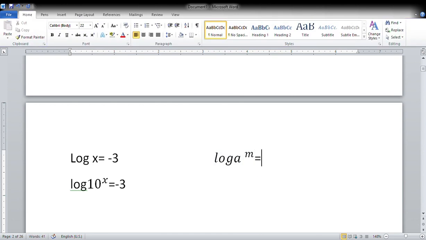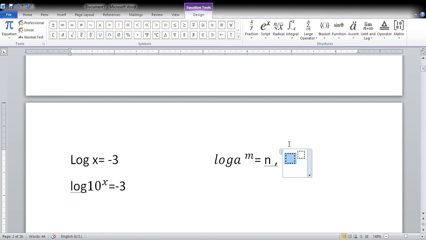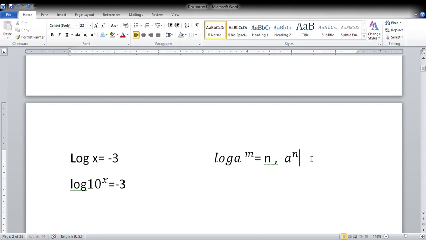is equal to n. If it is present in logarithmic form and you want to convert it into exponential form, this base a will be the base, and n will come to the power side, is equal to m, right?